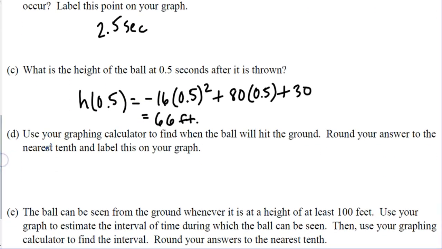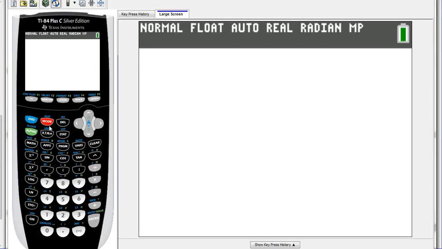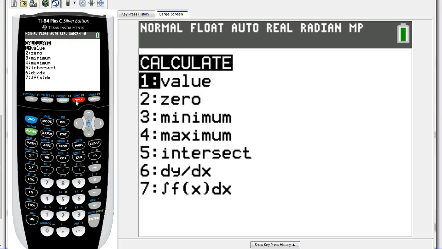One is we can go to our graphing calculator and we can go to second calc and find the 0, the point where the y value equals 0.